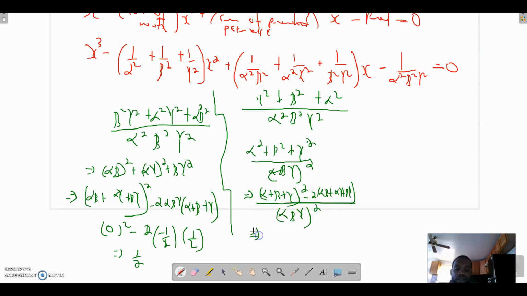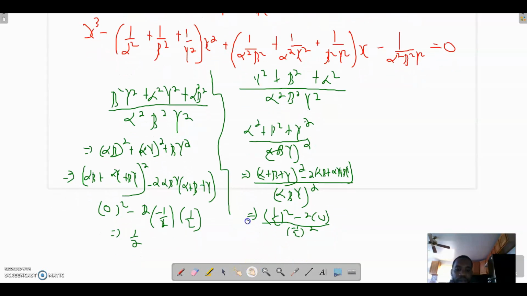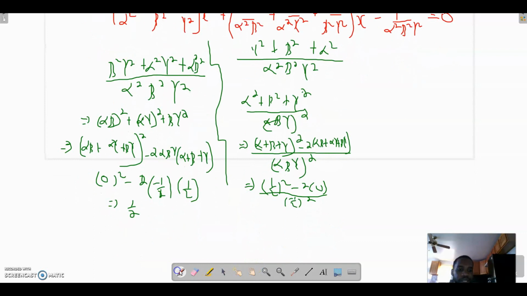We know these pieces of information already, so all we have to do is populate it. You're going to have a half squared minus 2 times 0, all over negative a half squared. I think I left out the denominator here. Yes, this should be over alpha squared beta squared gamma squared, which is alpha beta gamma all squared.